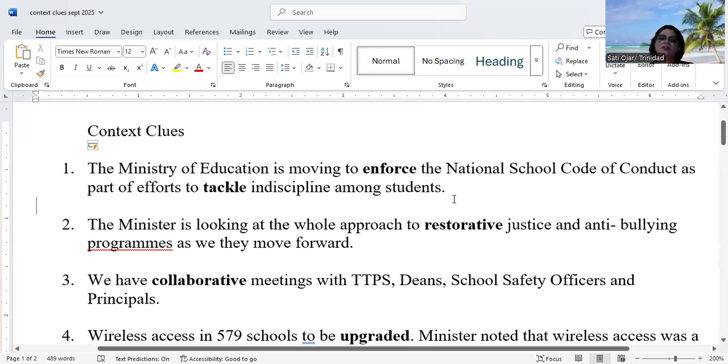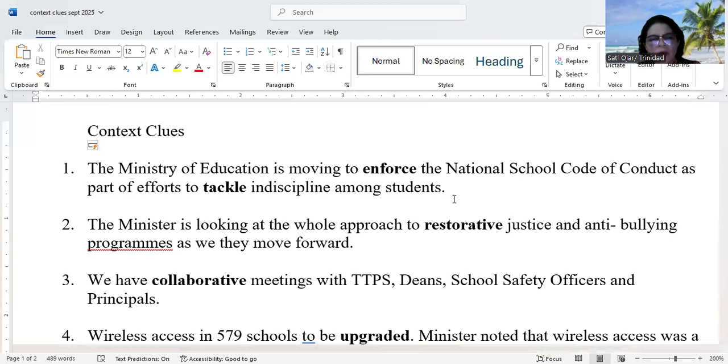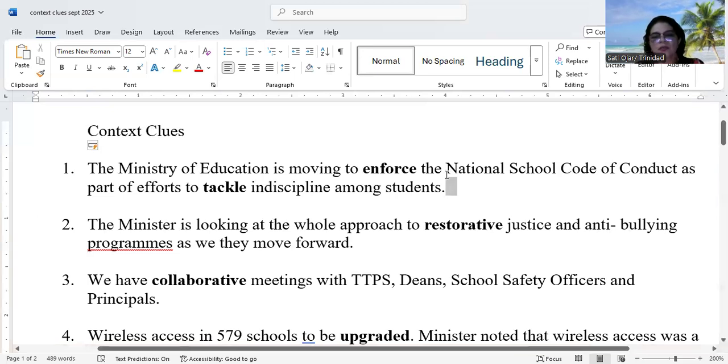So let's hear some suggestions. You may not know, but you have to increase your skill and your efforts in thinking of what words mean in different situations. Enforce. So this is a document, the National School Code of Conduct. So if they want to enforce it, what does this mean? As part of efforts to tackle indiscipline among students.